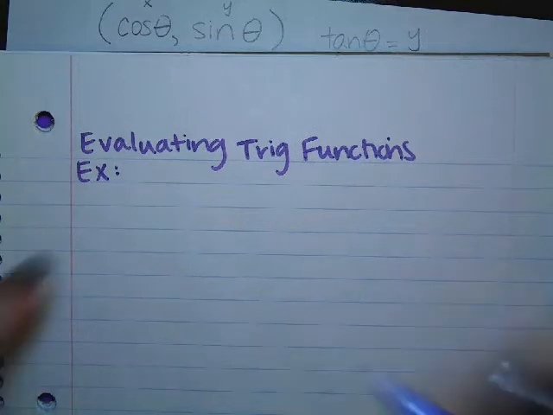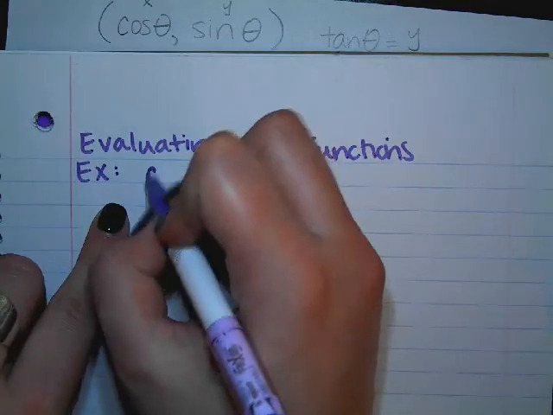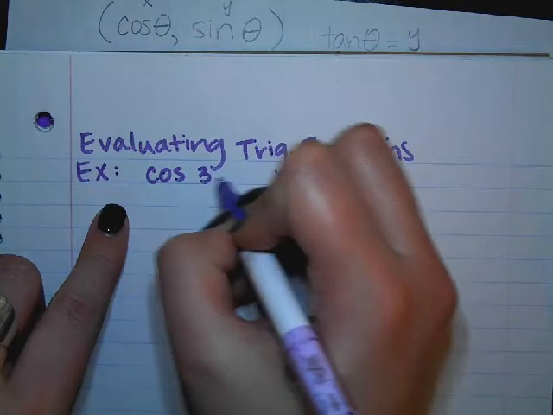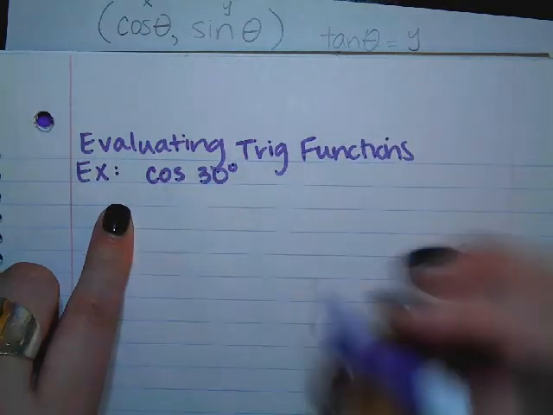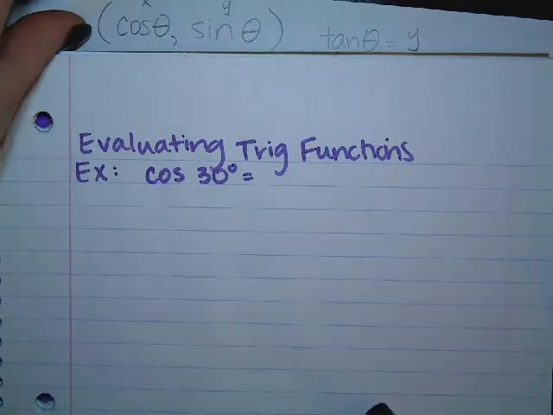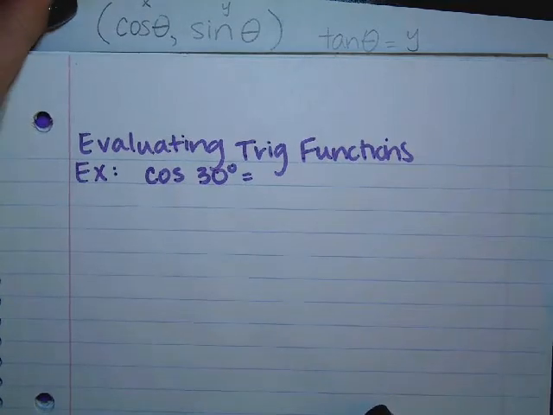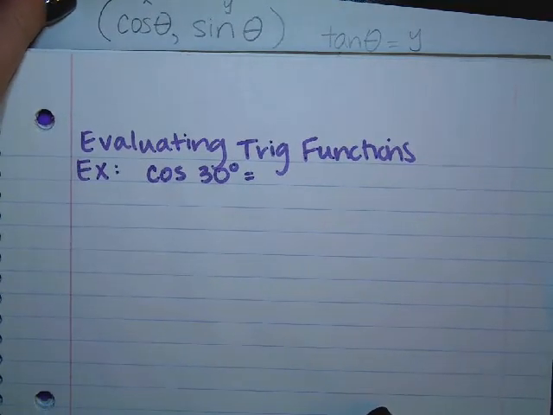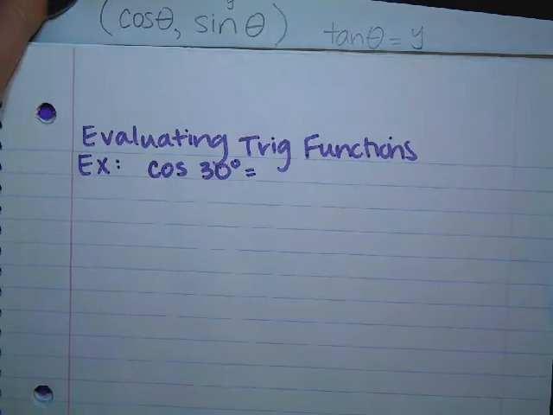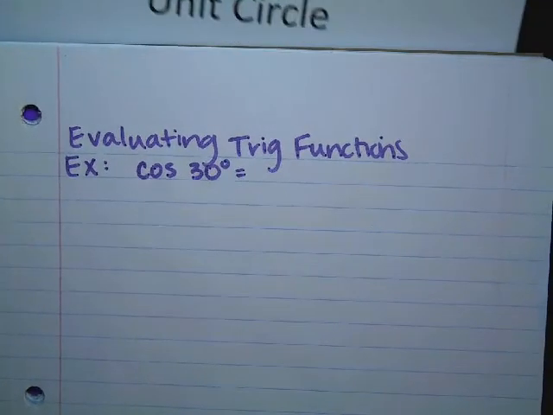Okay. So first I'm going to say cos of 30 degrees equals. Okay. So I'm going to grab my unit circle.